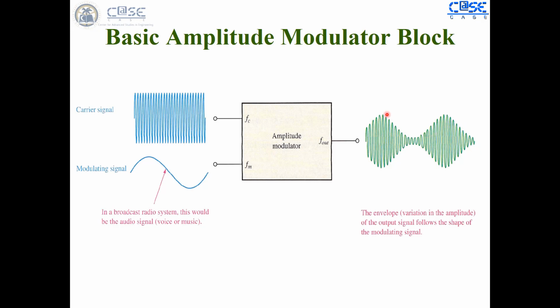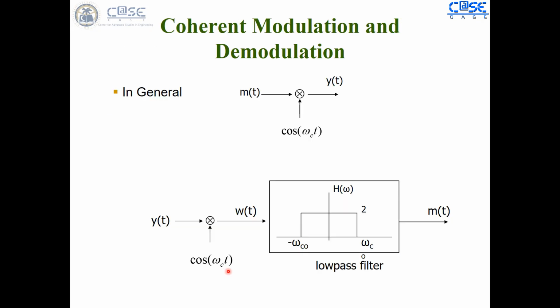Because in envelope detection, we don't generate the carrier at the receiver end, which is a great luxury. We get away with it, because in order to generate the same frequency and phase at the receiver end, we have to use very sophisticated equipment like a phase lock loop to achieve the goal.